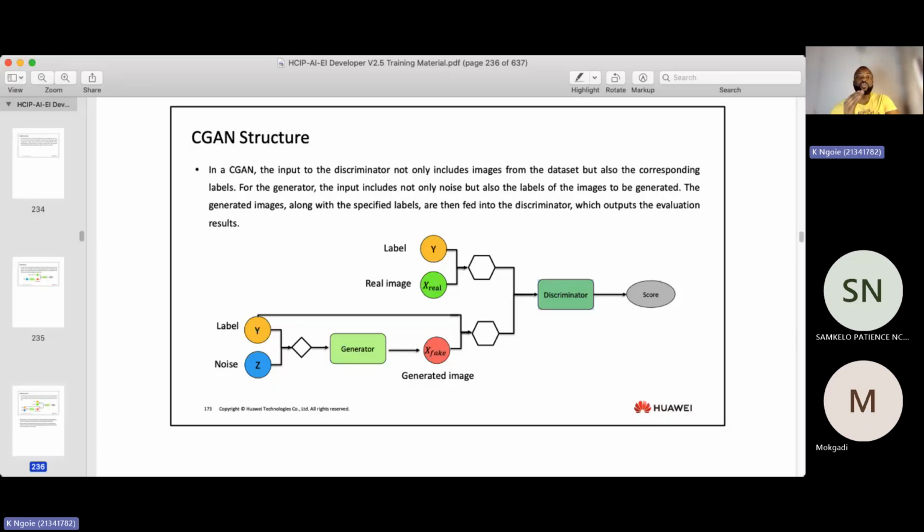So you have those conditions on the data. Some of the advantages are that it gives you control over the type of images being generated. It reduces the randomness you have in a standard GAN. So this is useful for supervised and semi-supervised tasks. And it's going to improve the training stability.